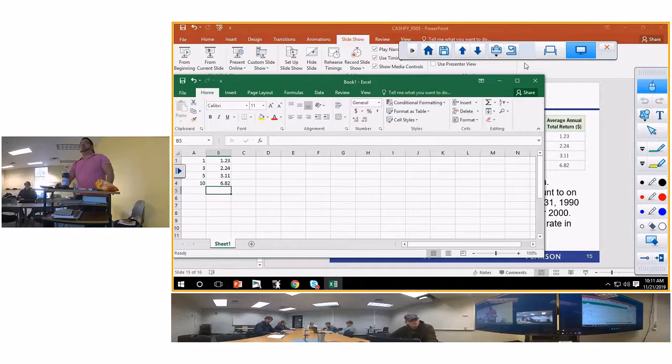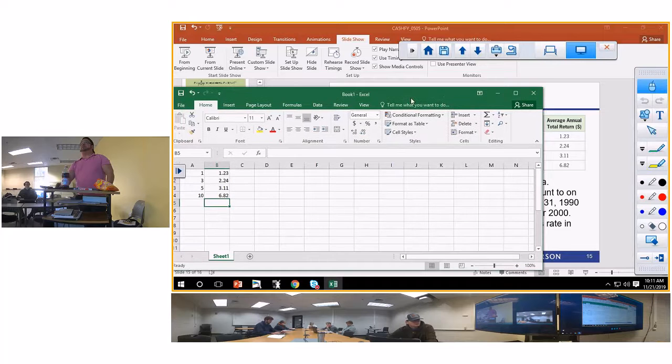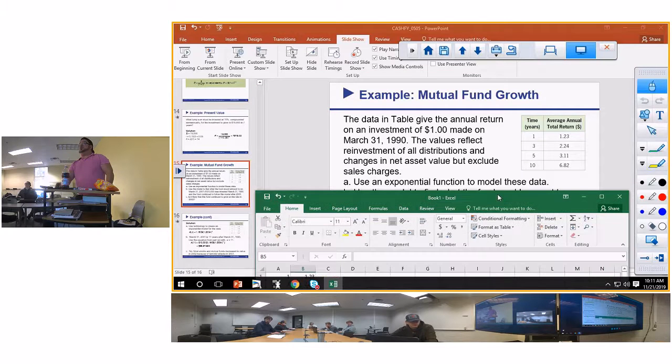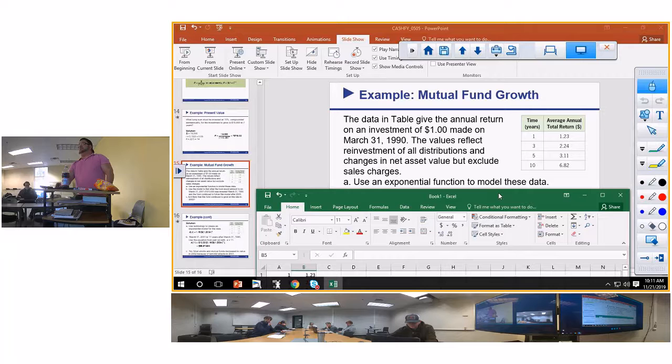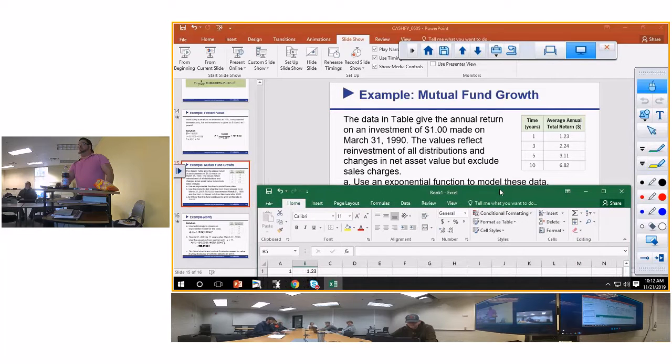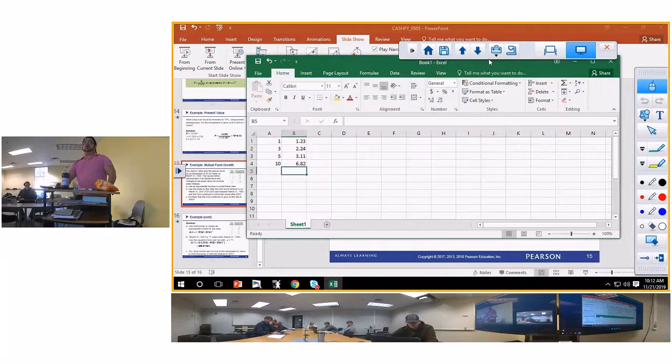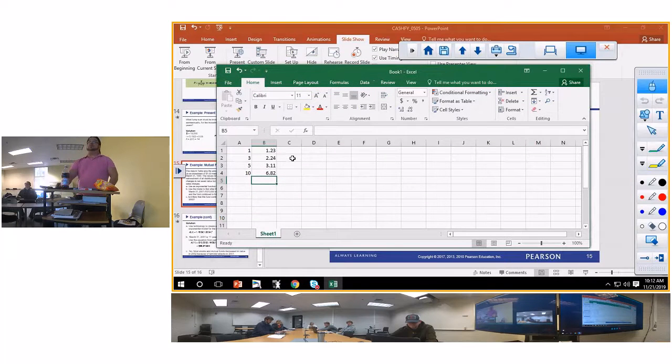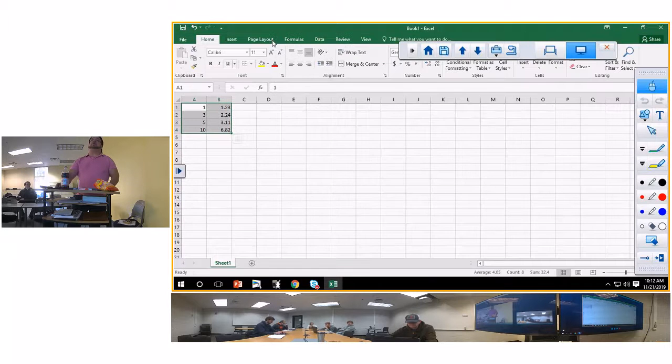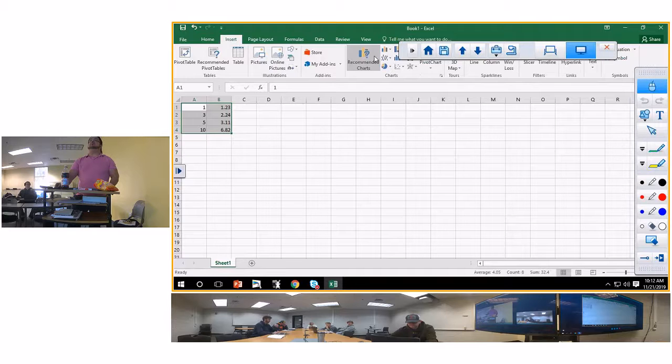Now, of course, I don't know what the question's asking. It says use what kind of function? Right there under A. What does it say? Exponential. So remember exponential. I'm going to type in my numbers, hit insert, hit dot plot.